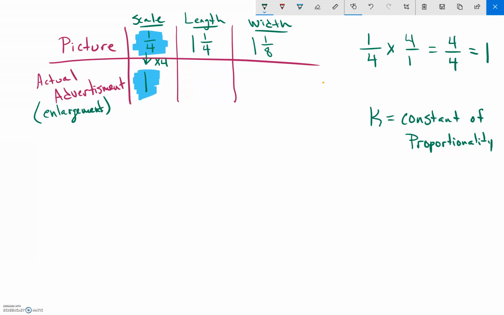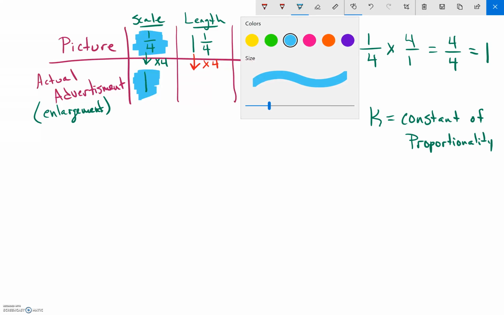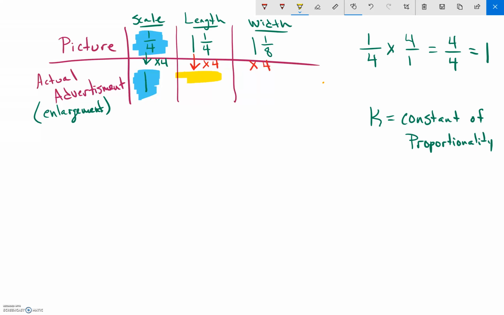And once you have that constant of proportionality, you can use it everywhere in the table. So we're going to multiply 1 1/4 by 4, and we're going to multiply 1 1/8 by 4 to get these missing values that we're looking for. Because we want the length and the width of the actual advertisement.